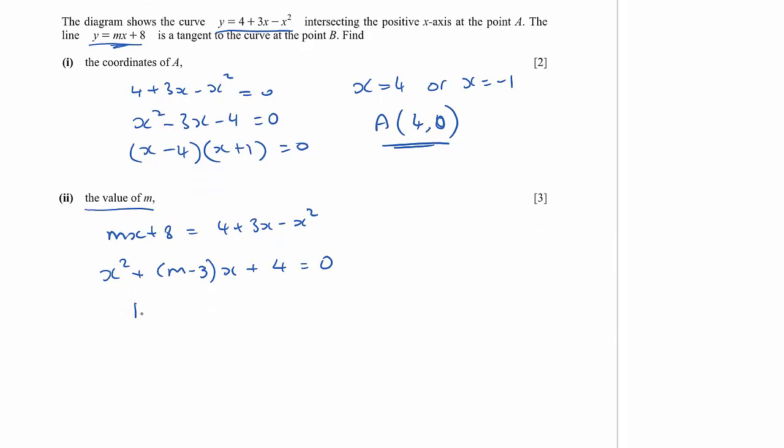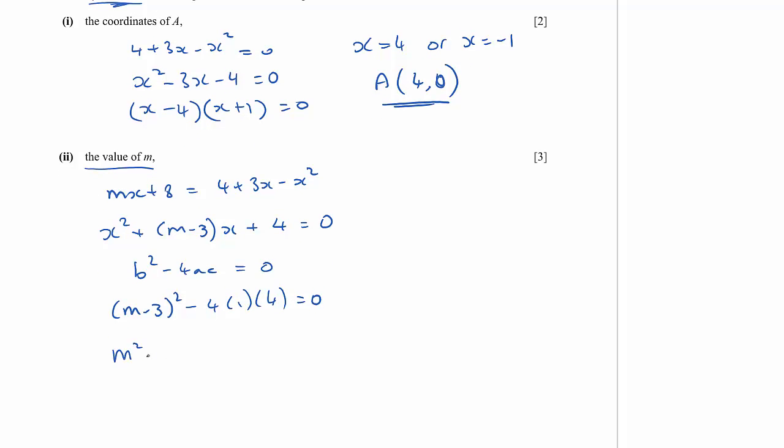We know that b squared minus 4ac for this quadratic is equal to 0 because it's a tangent. There's only one solution. So we've got (m minus 3) squared, take away 4 times 1 times 4 equals 0. So that's m squared minus 6m plus 9, take away 16 is equal to 0.